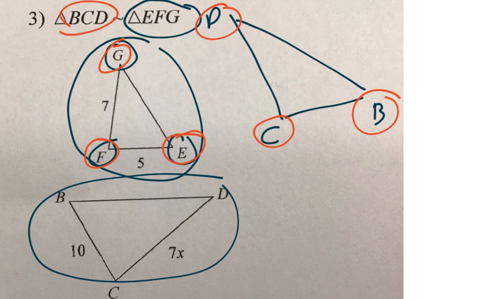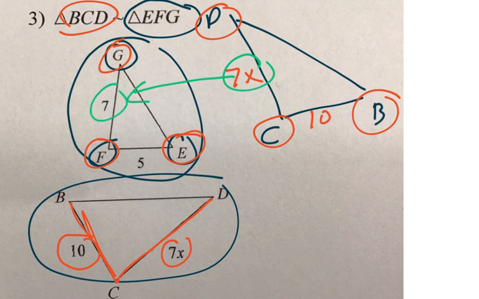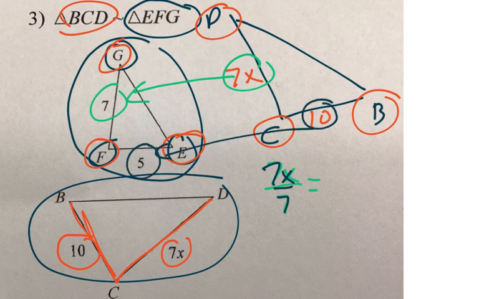The name can't lie. So notice side CD here is my 7x. And this 10 goes on side BC. And now I'm ready to match them up. I know 7x goes with 7, just like 10 goes with the 5.